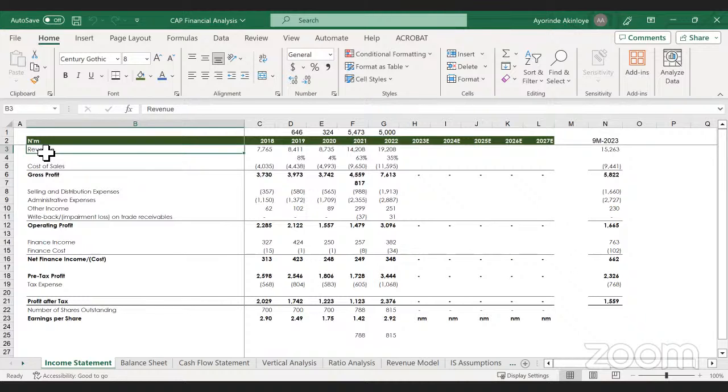So, like I was using the example of Seplat. If I want to forecast volume, Seplat will tell you their volume per day, their crude oil production per day, working interest production per day. They will tell you their uptime. So maybe in 365 days in the year, their uptime was 80%. It means 80% of 365 days, which would be roughly between 280 and 290 days.